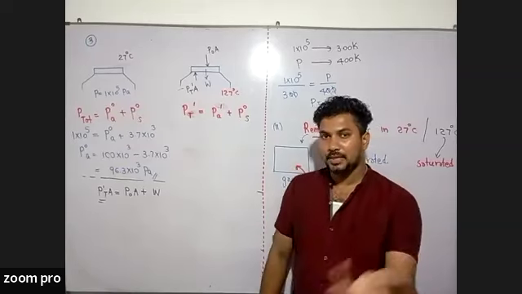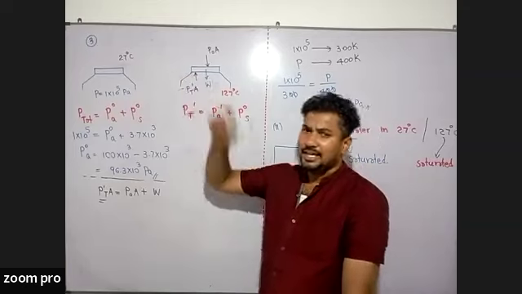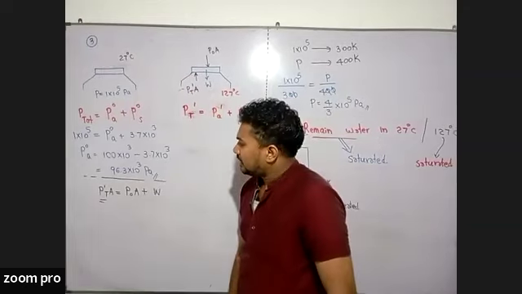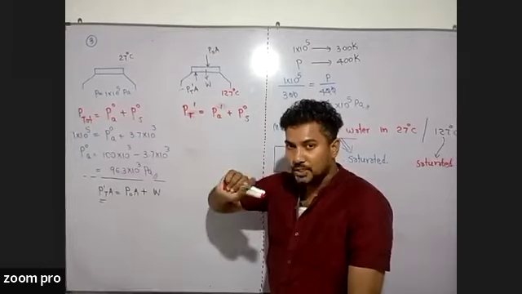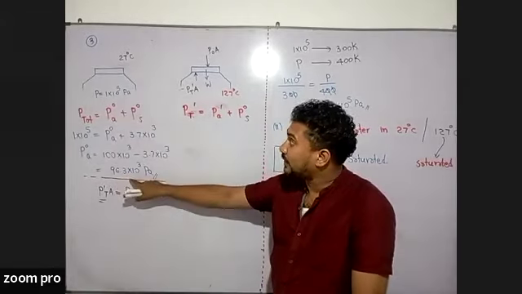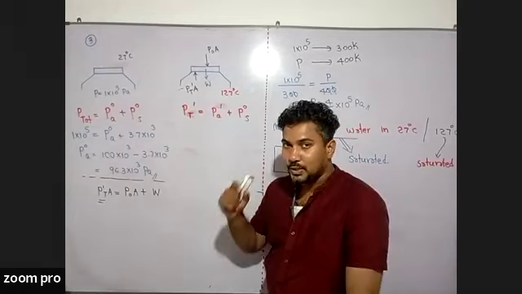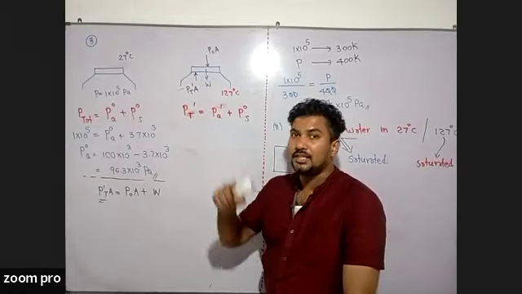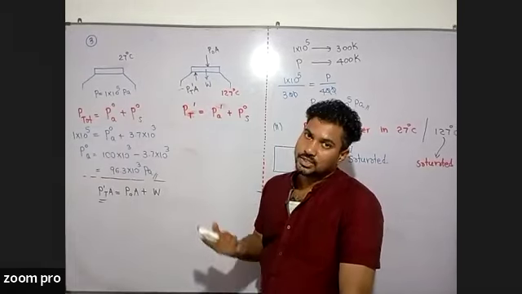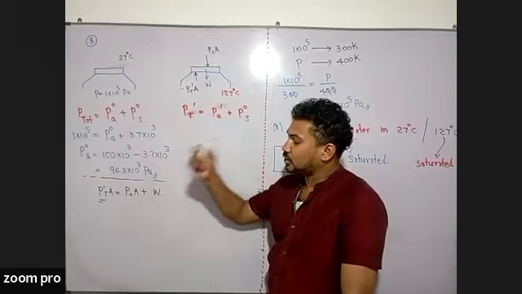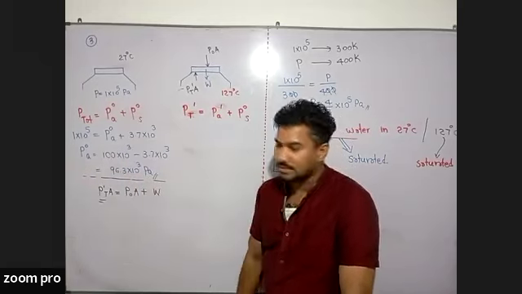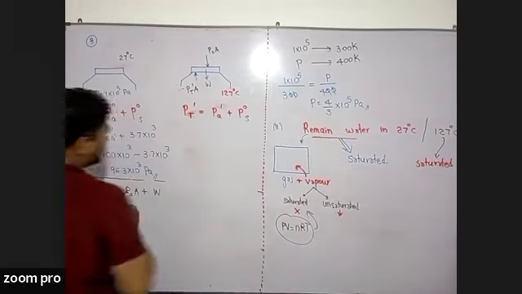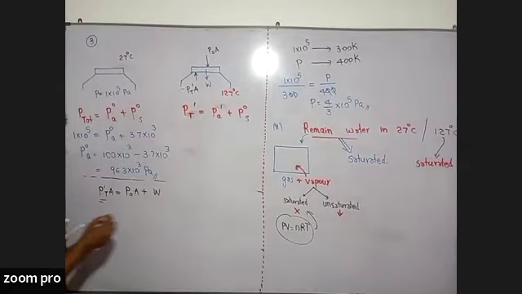But we can apply this equation for the air. So we have an idea about the partial pressure of the air at 27 Celsius. By using the pressure law, P over T equals constant, we can obtain the partial pressure at 127 Celsius. So let's go through this one.